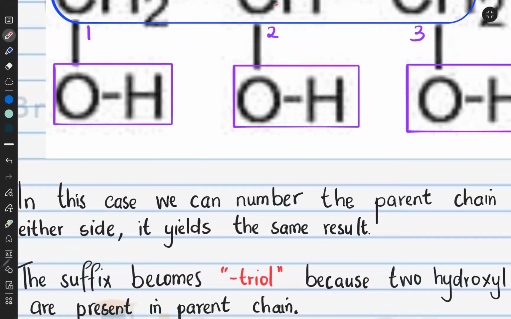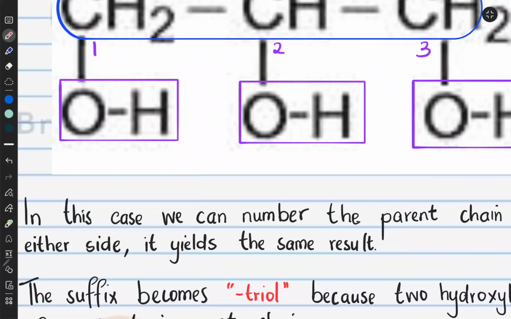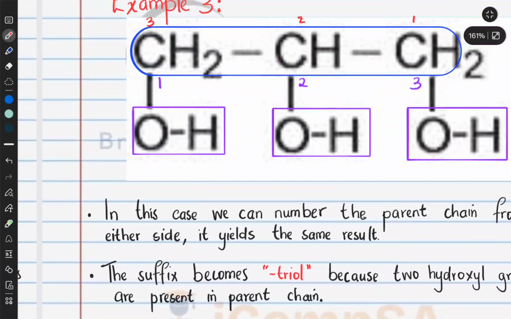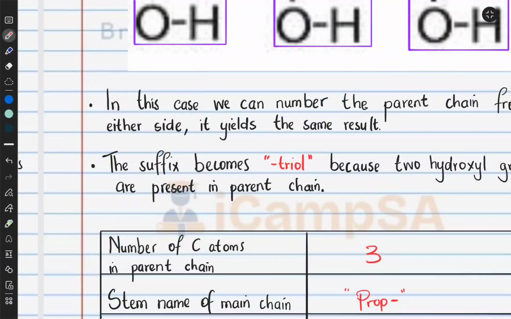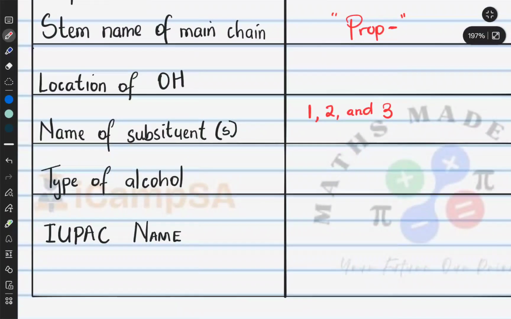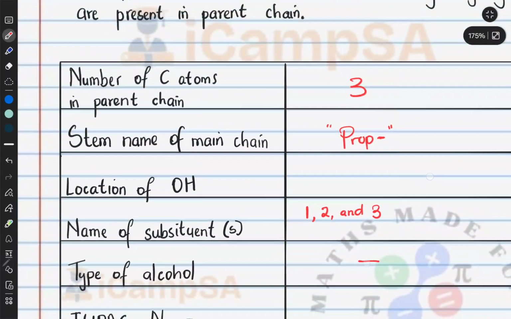So we can't really say, or we can say it's a bit of both. It's both a primary and a secondary alcohol, depending on which hydroxyl group you're looking at, or from which hydroxyl group's perspective.